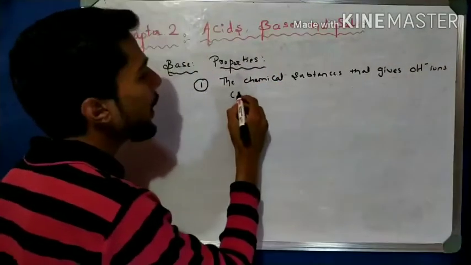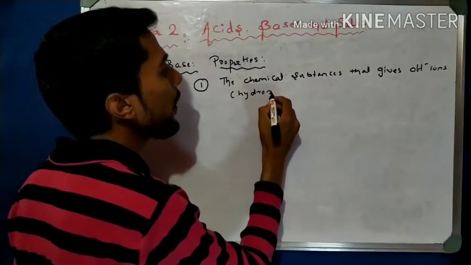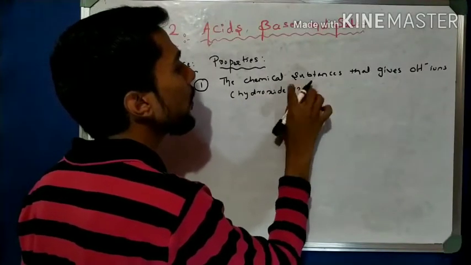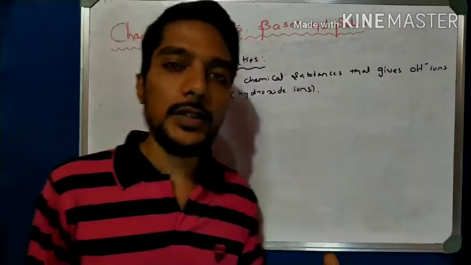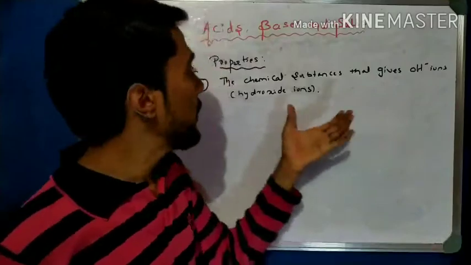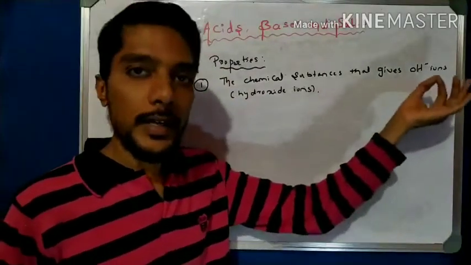OH means hydroxide ions. So acid gives H plus ions, but the base gives OH minus ions.